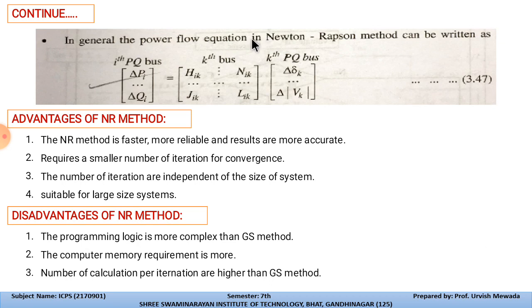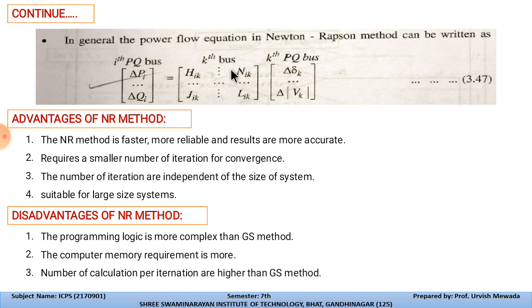So in general the power flow equation in the Newton-Raphson method can be written with the help of this equation, where ΔPi and ΔQi are the change in the active power and the reactive power of the system for the ith bus, or we can say PQ bus, and this is the data that we derived from the Jacobian matrix, that is Hik, Nik, Jik and Lik.